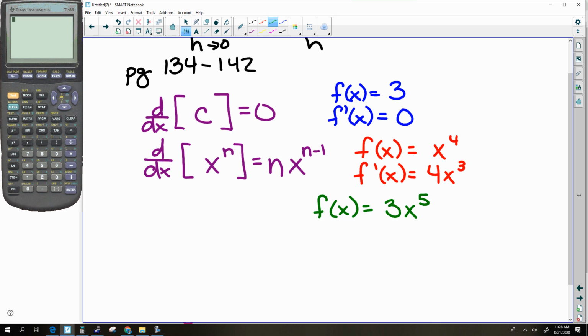The derivative of this: the 5 drops down, so that's a 3 times 5, and x to the 4th, so this is going to be 15x to the 4th. When the power comes down, it comes down as a multiple of whatever's up front.